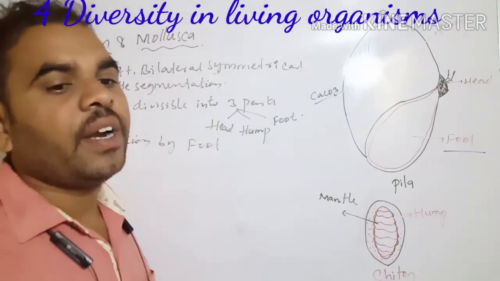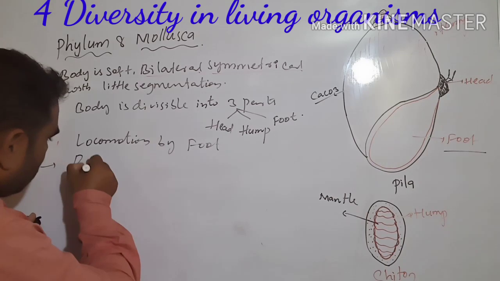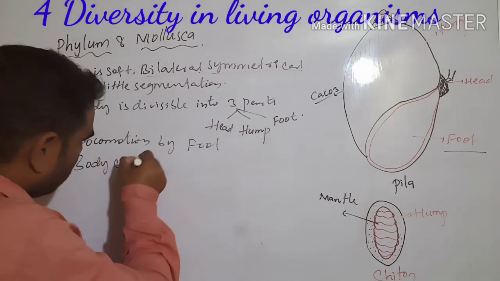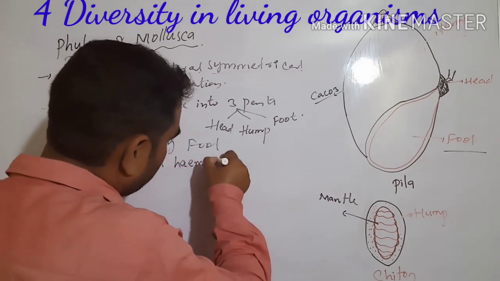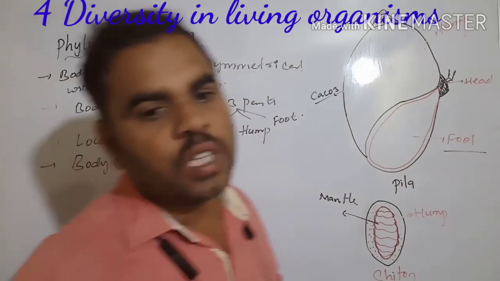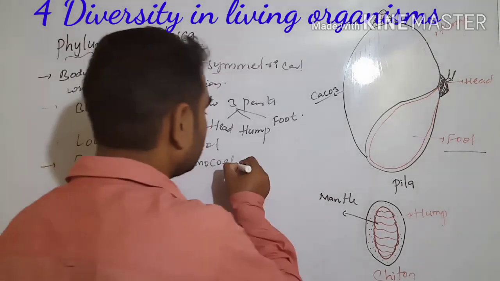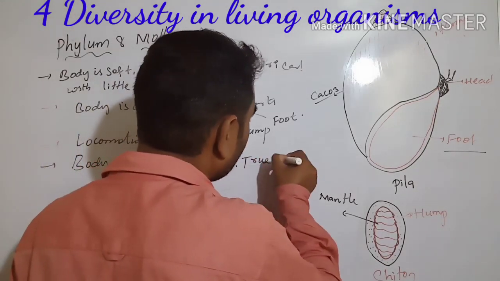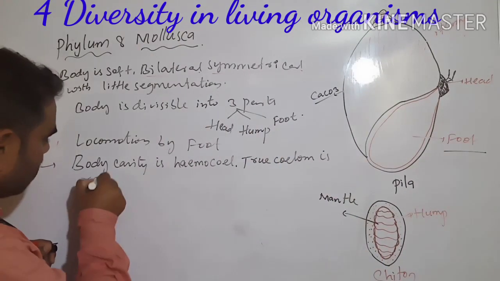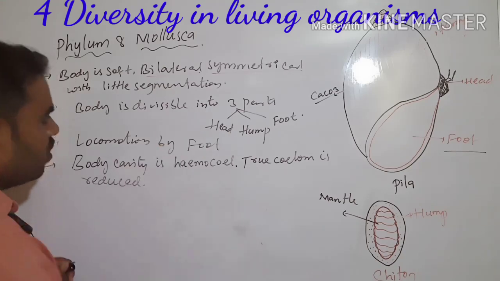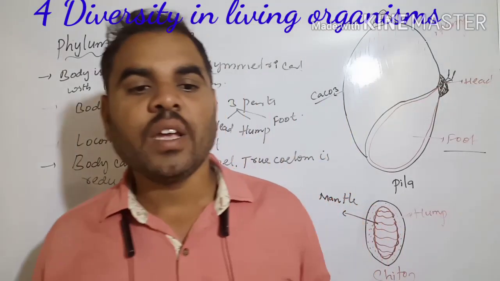The body cavity is hemocoel, and the true coelom is reduced. Here the true coelom is reduced, and the pericardial cavity is there.